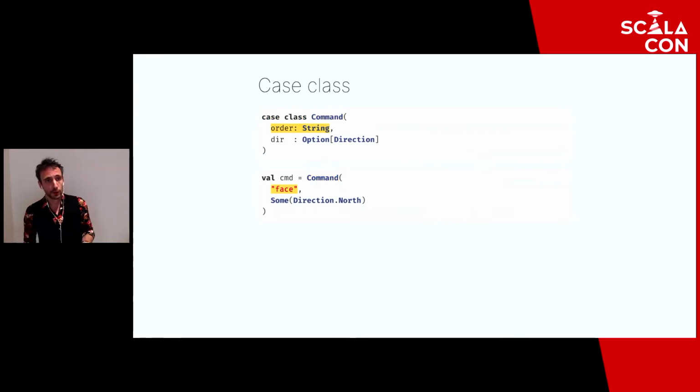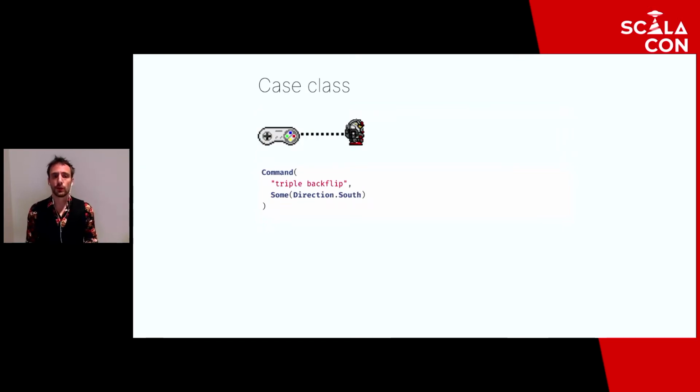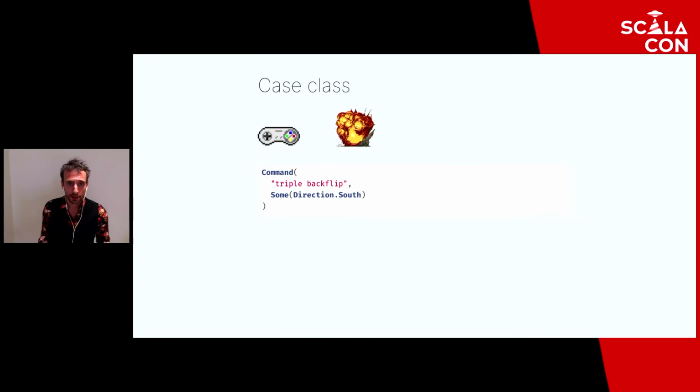That is composed of an order, string, which is either face or start or stop, and a direction, which has to be optional because face takes a direction, but start and stop do not. This looks like it might work up until the point where you try to run that. Triple backflip is a completely valid string, so the compiler is going to accept it, and we're going to get a runtime explosion.